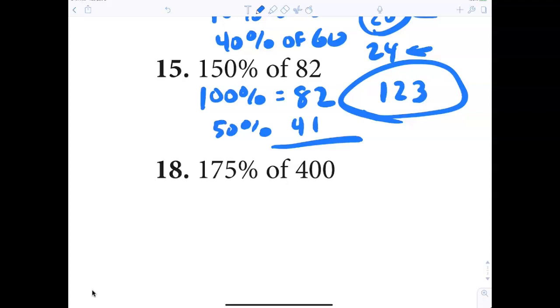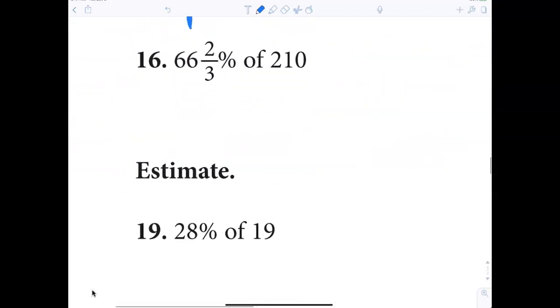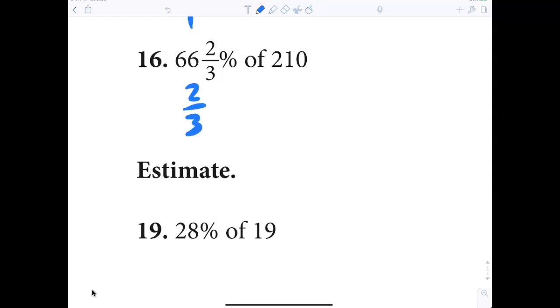All right, feeling better now? Here we go. 66 2/3%. What fraction is that? Do you know or not? You don't have to guess. If you don't know, it's fine. I think it is 2/3. It is 2/3. Very nice. So 66 2/3%, I would want you to know is 2/3.